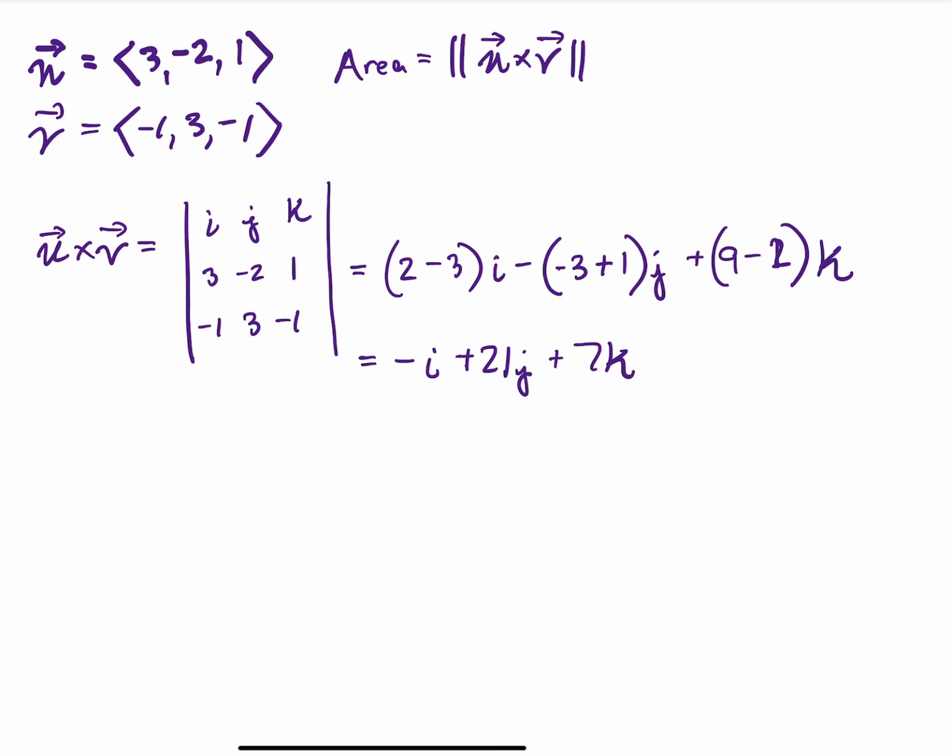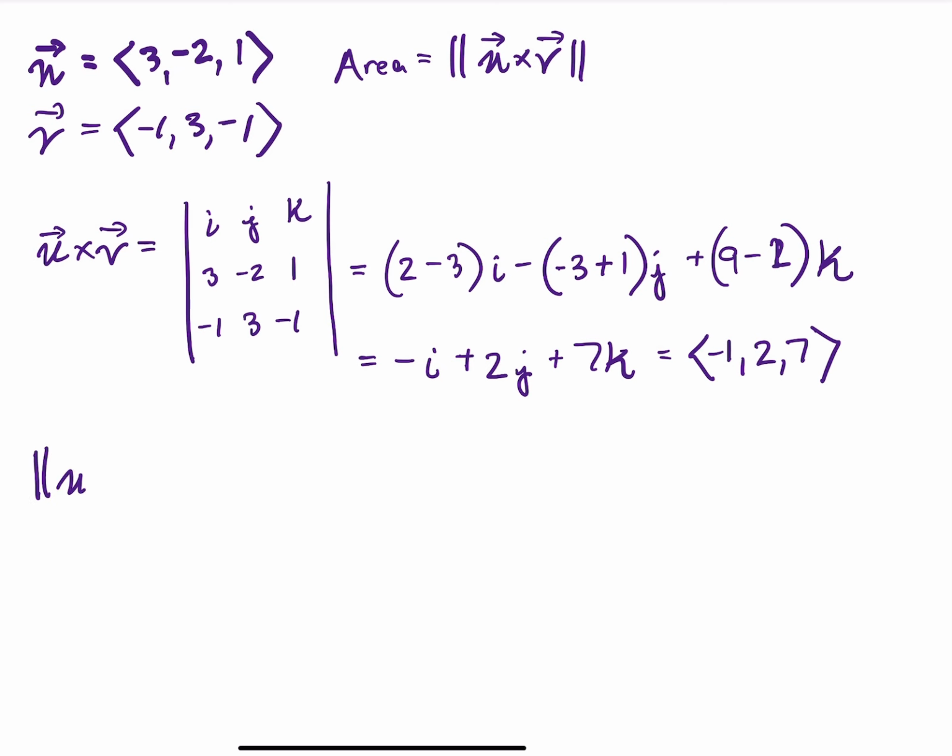So in component form, that would be negative 1, positive 2. I don't know why I wrote a 21 there. So negative 1, positive 2, positive 7. So that's our cross product, so let's find the magnitude.